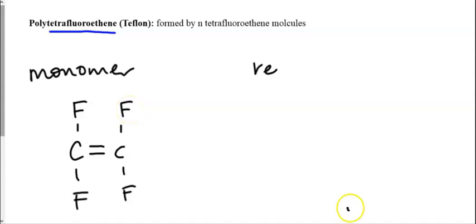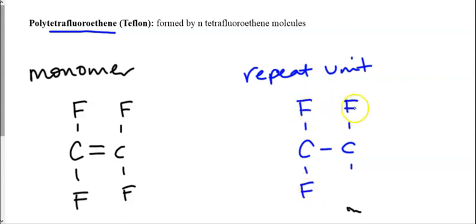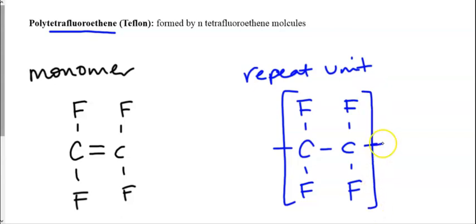Then your repeat unit is carbon single bond carbon. You still have your single bonds with fluorine, and now it bonds on either side of that double bond, a number of times. So those are monomers and repeat units for just some addition polymerization reactions.